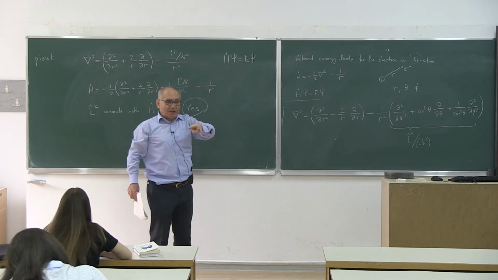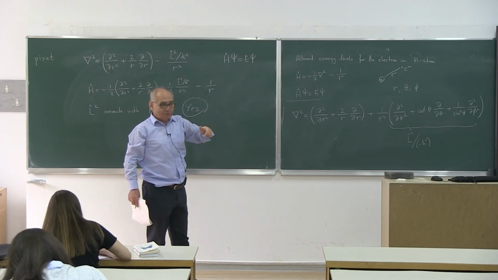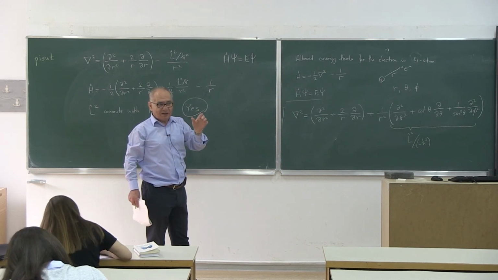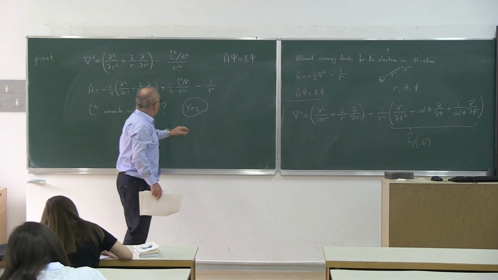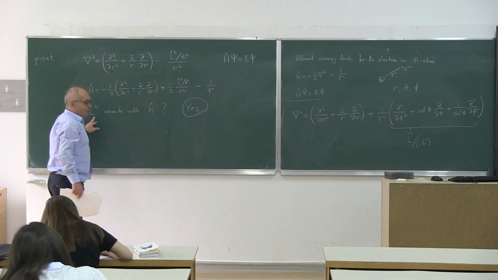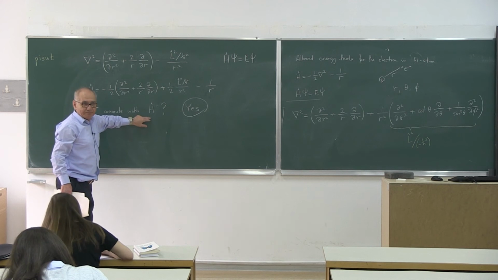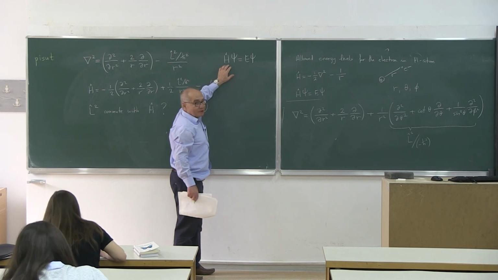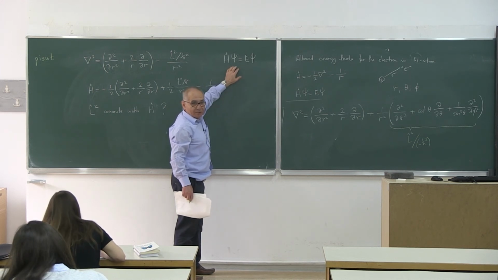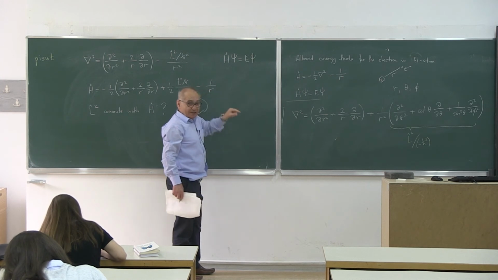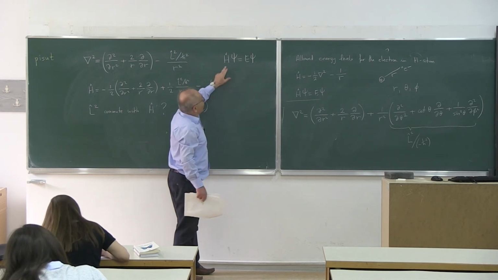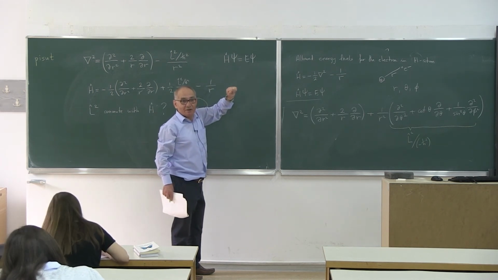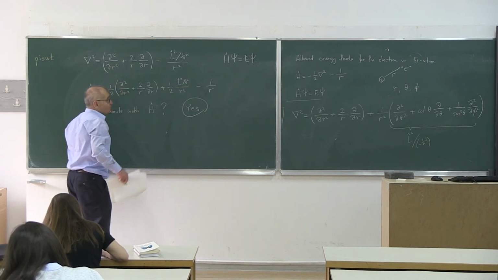Whenever two operators commute, what do we conclude? Those two operators have simultaneous eigenfunctions. Here, one of the operators is L square, the other is H. We are trying to solve for the eigenfunctions of H, the Schrödinger equation. Now, this fact that L square commutes with H tells us that the psi's here must also be eigenfunctions of L square.